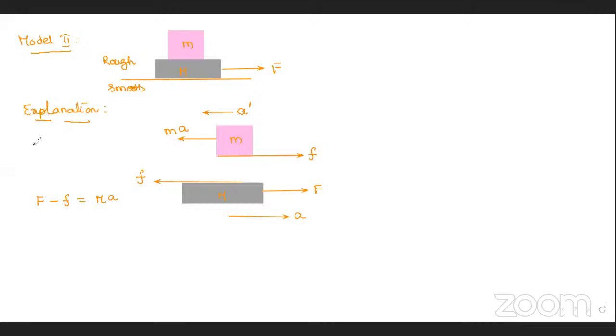On this block we write m a minus f equals F net, and F net is its mass into its acceleration. This is the upper block. This is the lower block. Just keep the two equations in your mind.